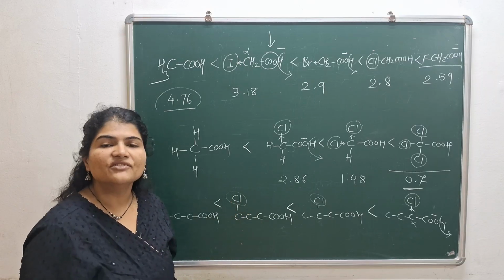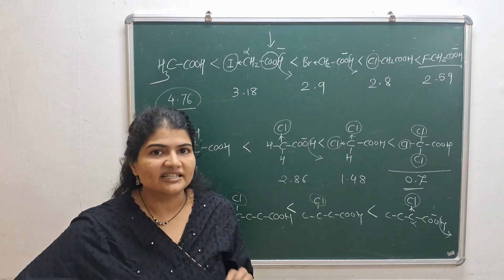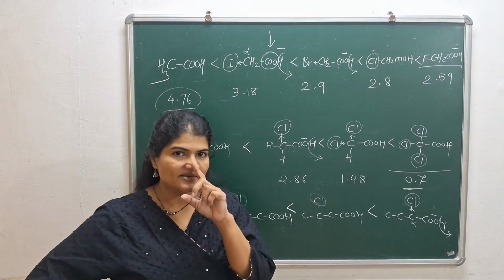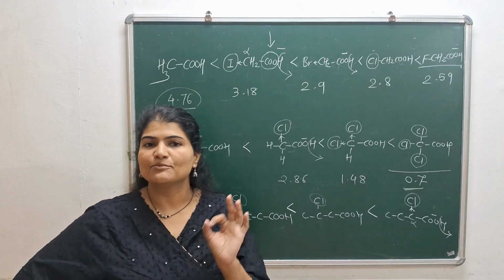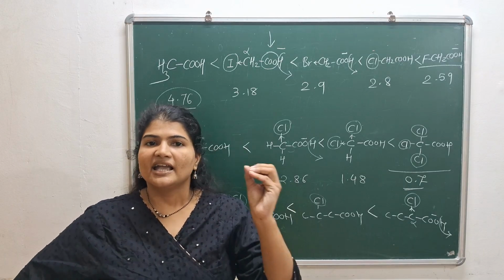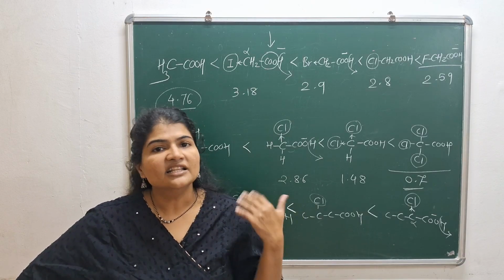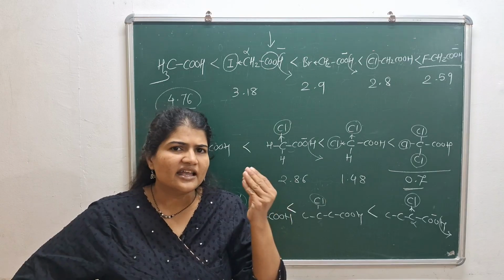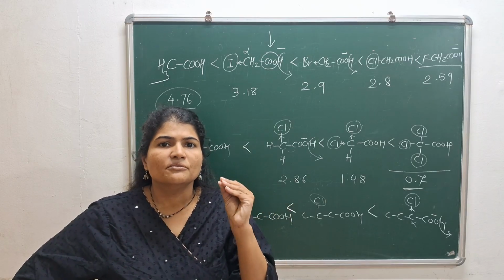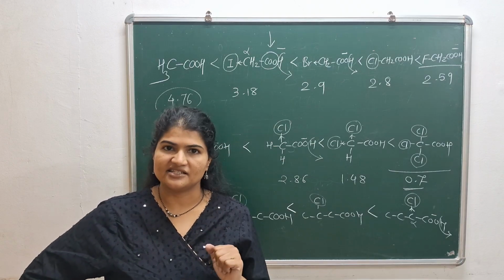So I think we have covered most of the conditions which can affect the acidity of carboxylic acids. Let us revise. Carboxylic acids are acidic because they give away a proton. Anything which makes the release of proton easier will increase their acidity, and anything which makes the release of proton difficult will decrease the acidity.